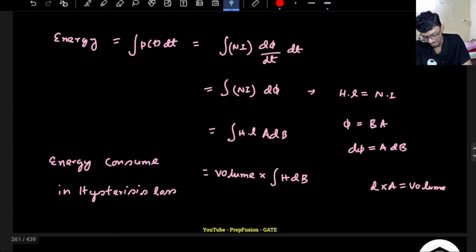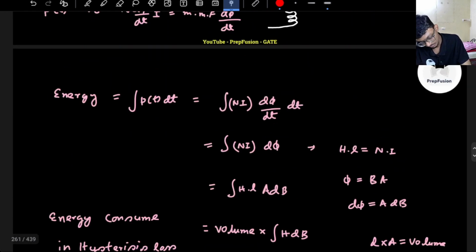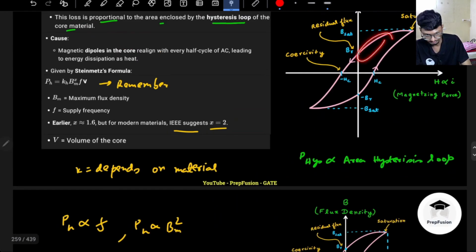Okay. So what will be energy density? Energy density will be directly the integration of this hysteresis loop only.